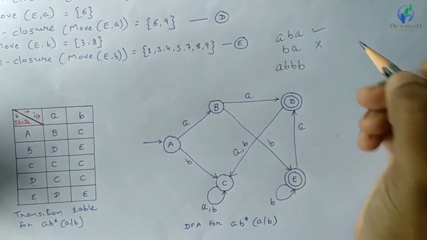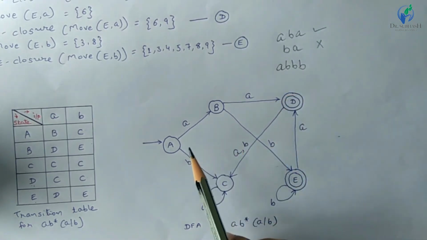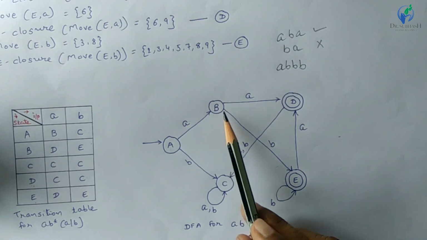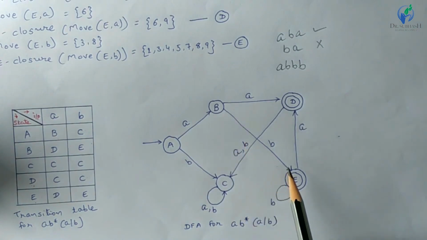Next string is A, B, B, B. Then check whether this string is valid or not. It's A, B, then any occurrences of B, it's valid.